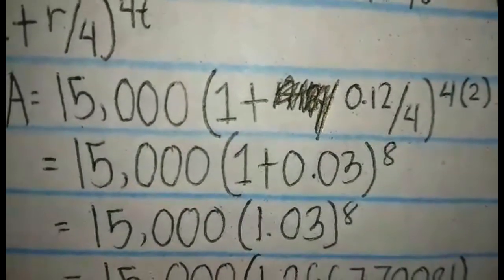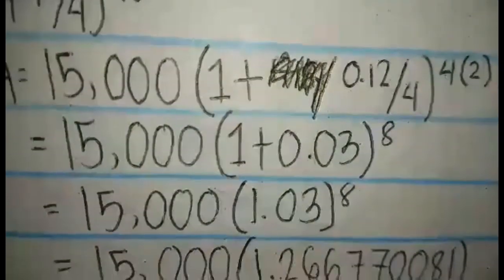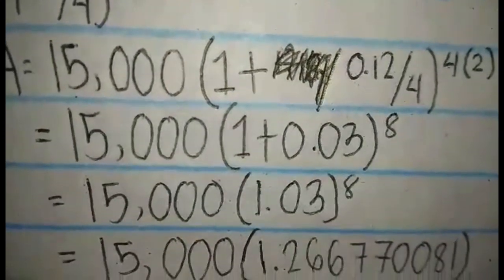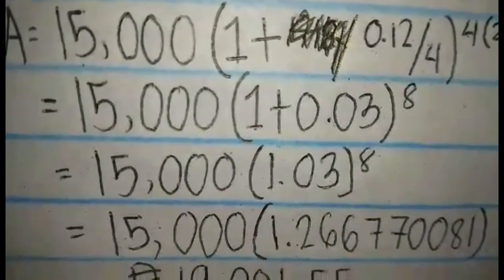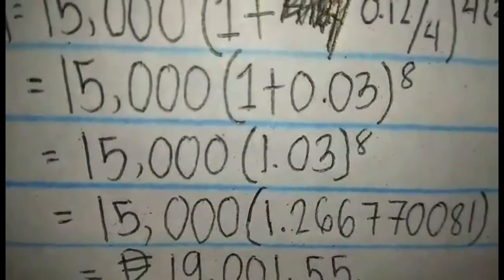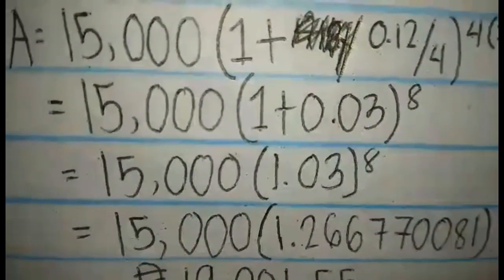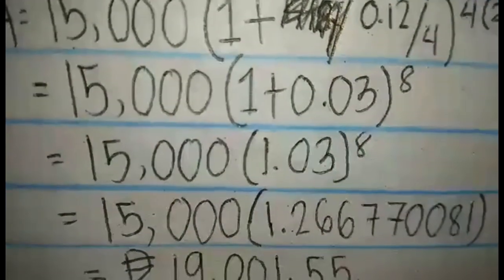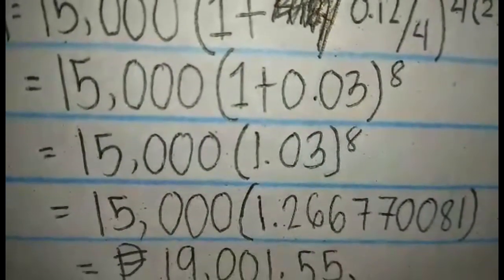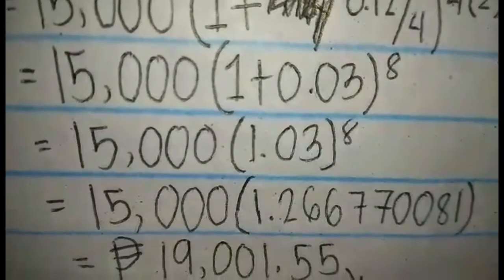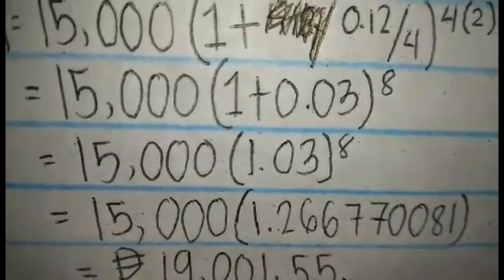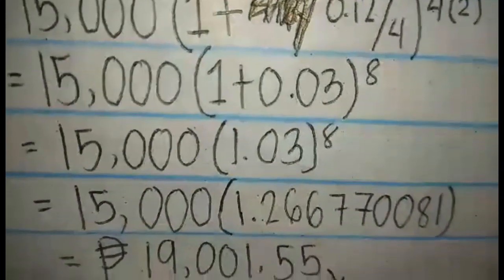And the next thing to do is add 1 to 0.03, and it is 1.03. So it is now 15,000 quantity of 1.03 raised to 8. Next is to raise 1.03 to the power of 8.